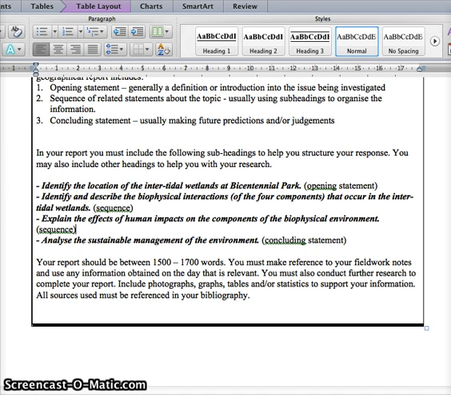The third dot point there, so explain the effects of human impacts on the components of the biophysical environment. So what impacts, so the causes and the effects, have humans had on this environment? Think about pollution being one of the major sources. We studied the different maps towards the end of the day of the changes of the natural environment and how they're trying to remodel that environment back to its original state to maintain it.